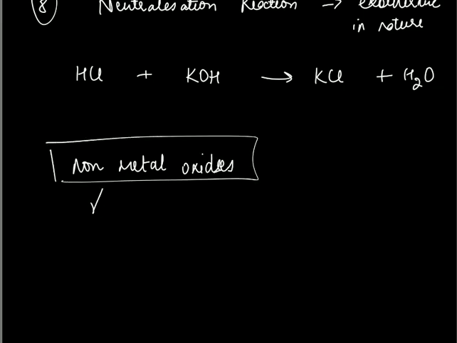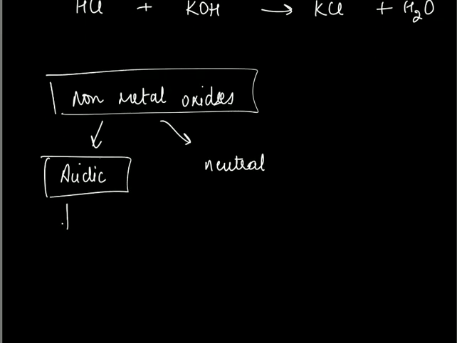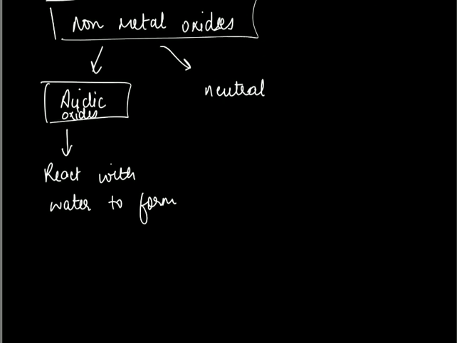Now non-metal oxides can be of two types. One is acidic, another is neutral. So acidic oxides are basically what? They react with water to form acids.